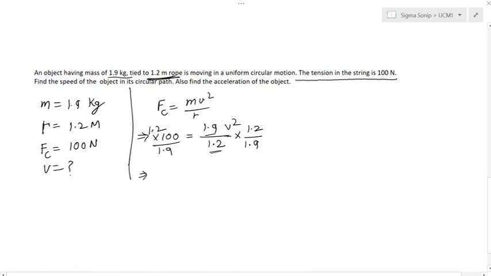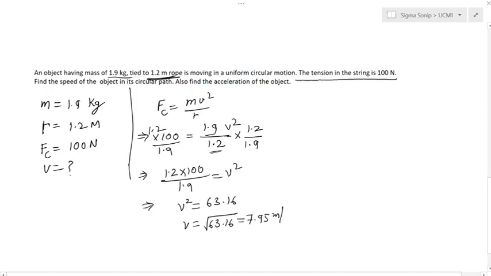That gives us 1.2 times 100 over 1.9 equals v square, which gives you v square is equal to 63.16, and that gives you v is equal to the square root of 63.16, which is equal to 7.95 meters per second.